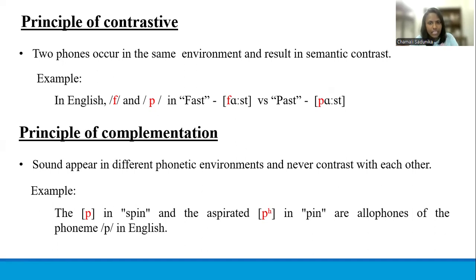In fast and past, the initial sound changes the meaning. So f and p are different phonemes; they are contrasting with each other. I just recall your memory, I don't go too deeply. So this is about the principle of contrast.